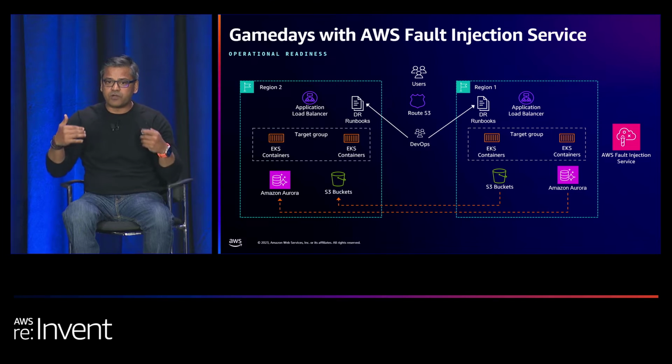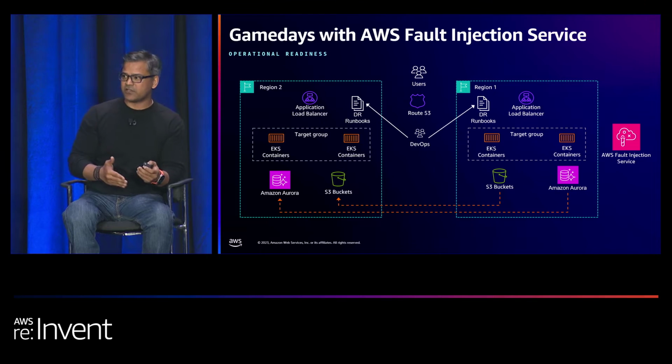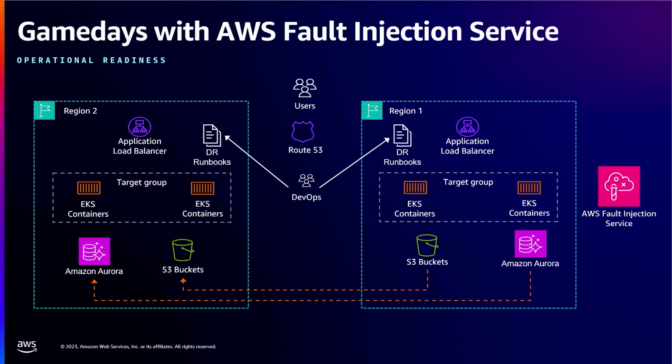And game days are pretty good mechanisms to test out not just that the technology works, but if you think about it, these processes involve people, process, and technology coming together, working as a well-oiled machine. So this is really trying to test: is our incident response working as intended, are all of the runbooks working as intended? So game days are a really good mechanism. Choose the frequency that works best for your business, based on your release cycles, et cetera.